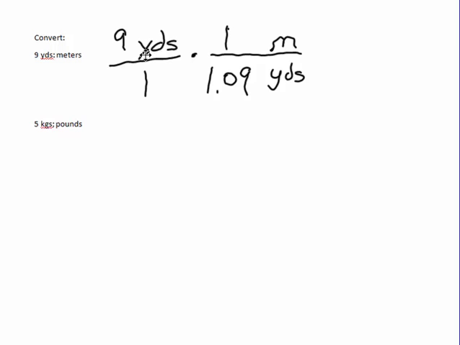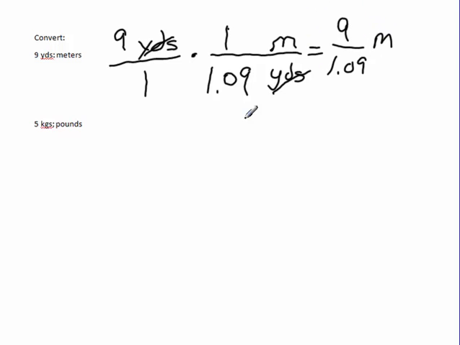So now I can cancel my yards, and when we multiply fractions, we multiply across the top and across the bottom. So I'm left with 9 over 1.09. And my units, well, the only one that's not canceled out is meters.